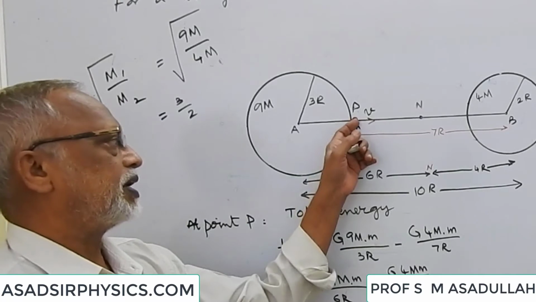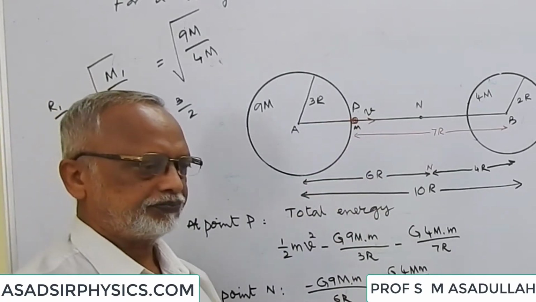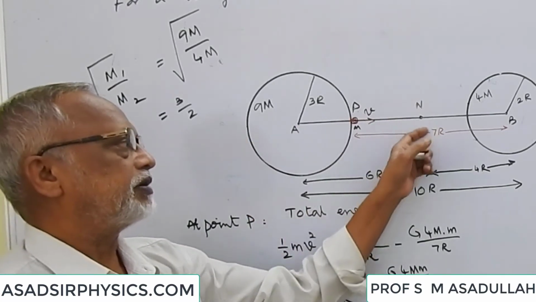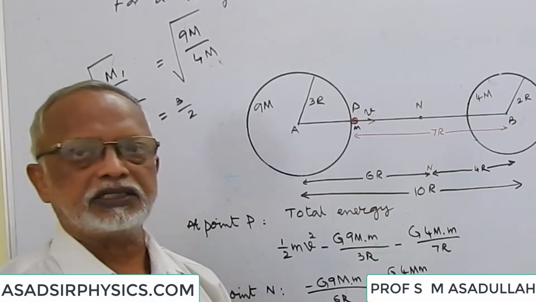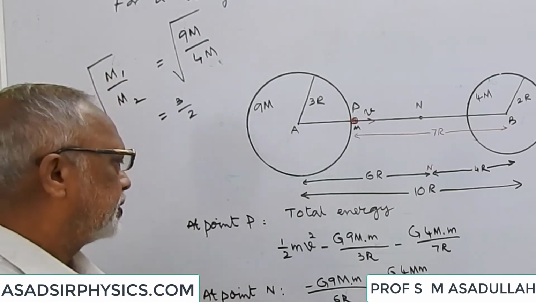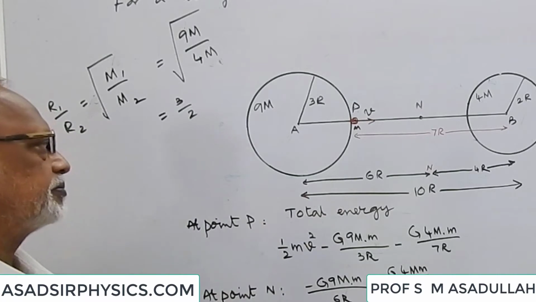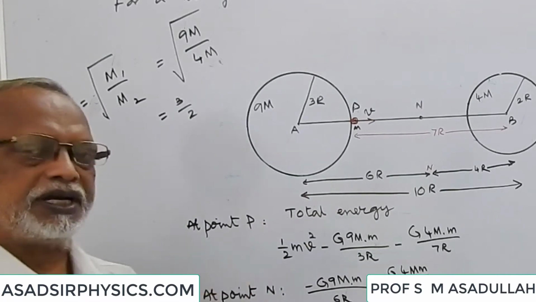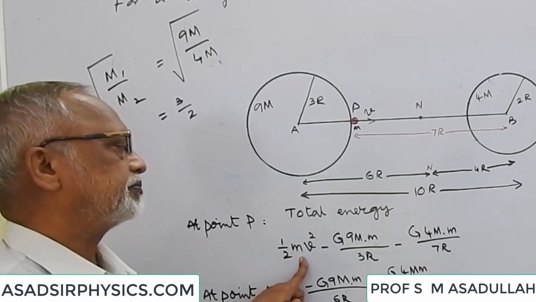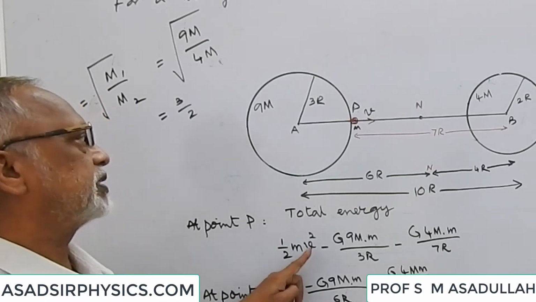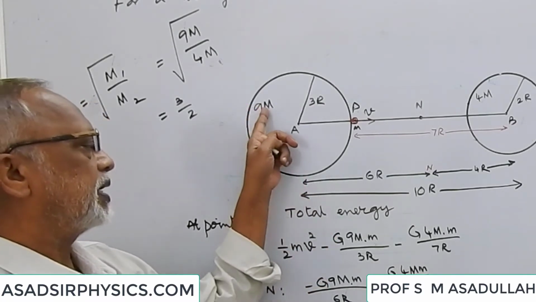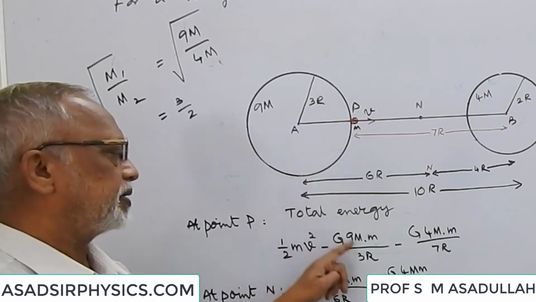Suppose a body of mass small m is projected from the surface of A, at point P. Here we have to consider the total energy present at P, and after that the total energy present at N. The total energy present at P consists of three components. One is the kinetic energy of the body, half mv square. Second one is the potential energy due to the planet A, that is minus G 9m into m by 3r.